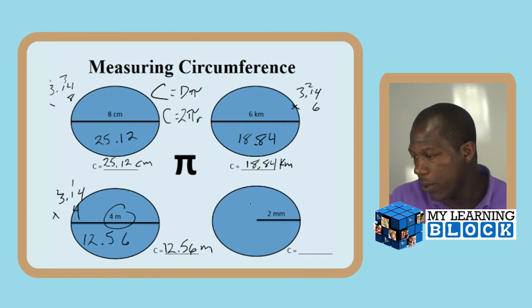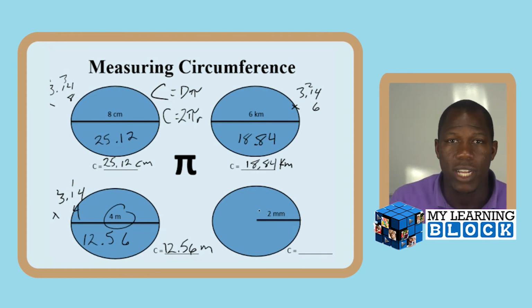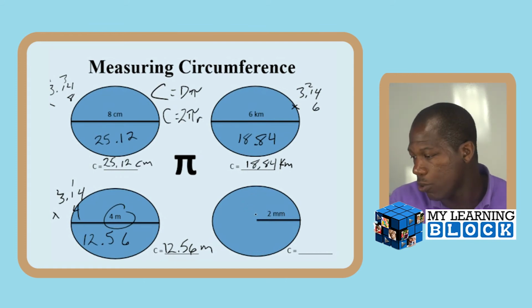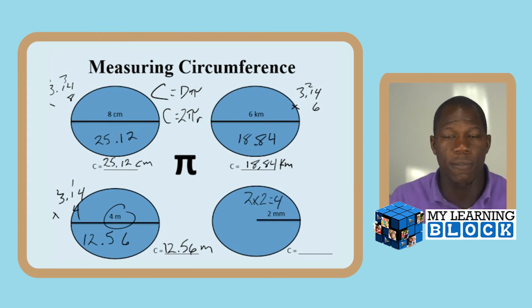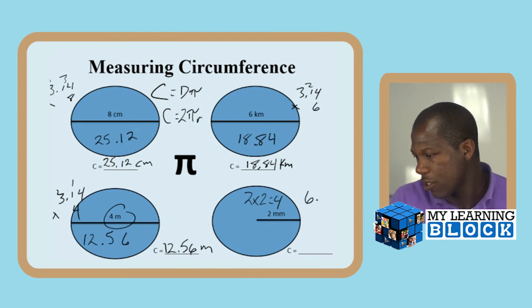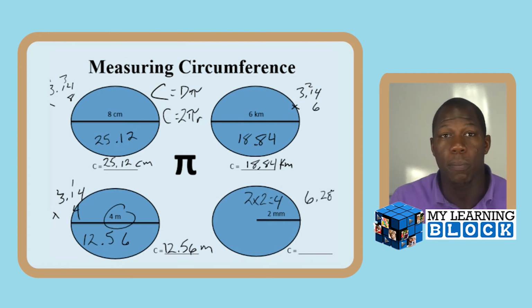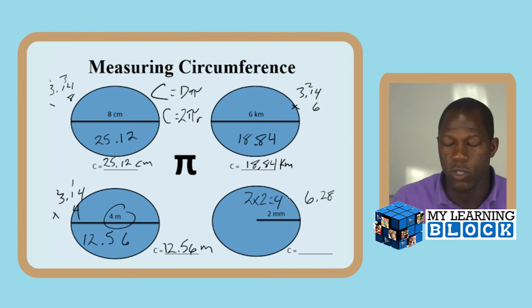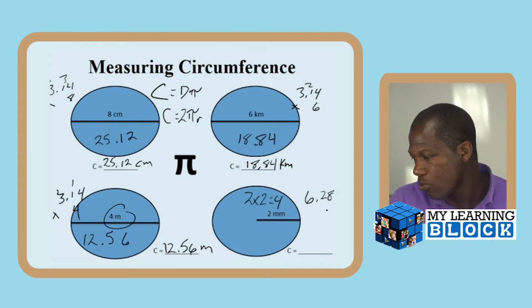Yay! All right, so now we can go 2 pi r. If you want, you can teach your child to just double this number. So 2 times 2 equals 4. And then we can go 4 times 3.14. Or I just want to be kind of difficult and go 6.28. I just doubled pi, 3.14 times 2, and I'm going to multiply by 2.